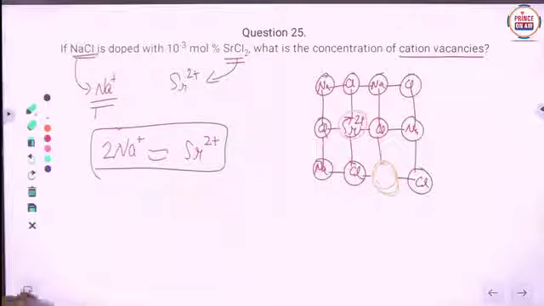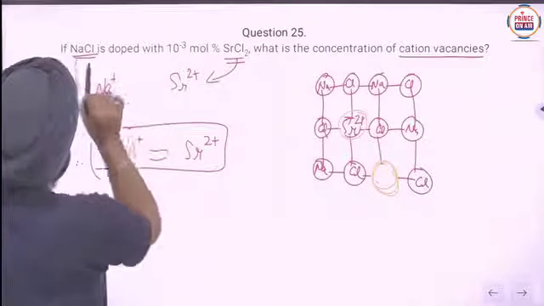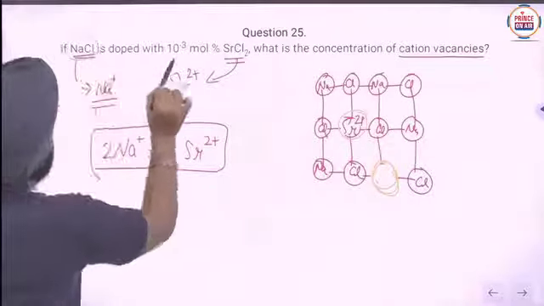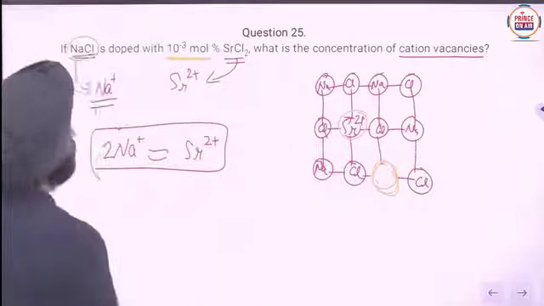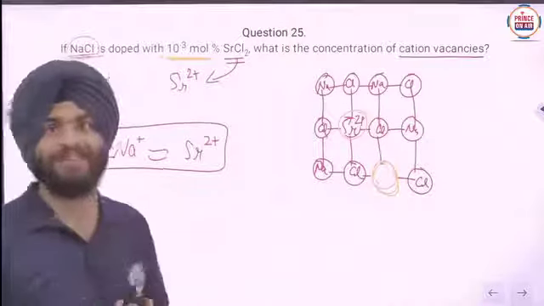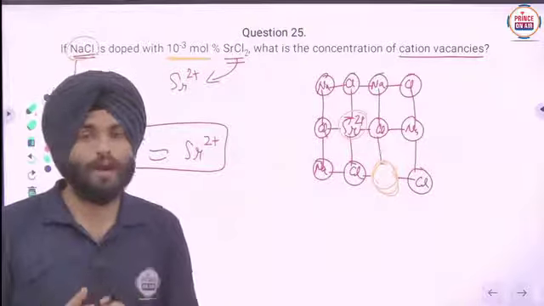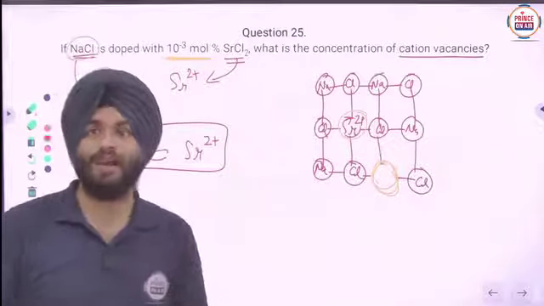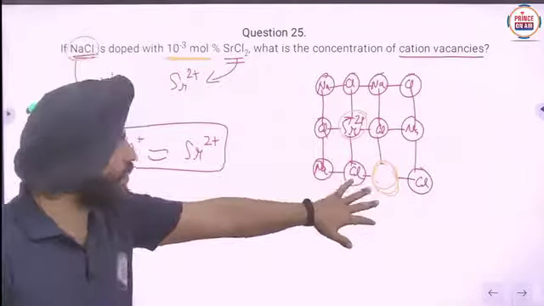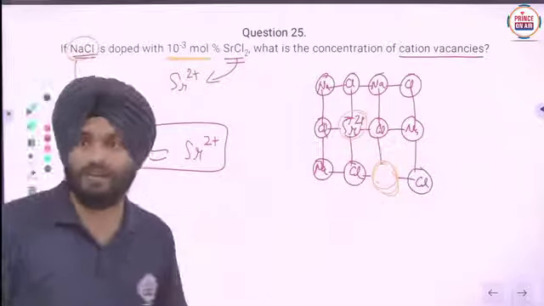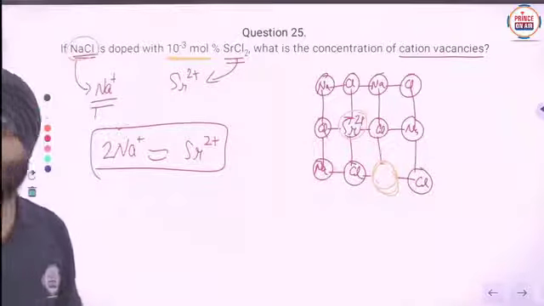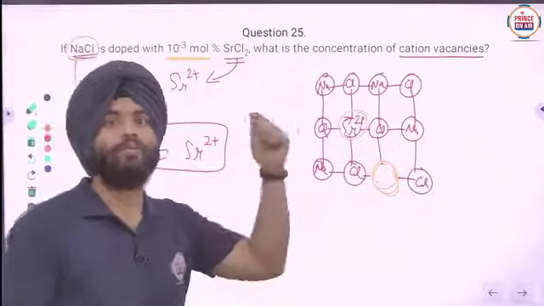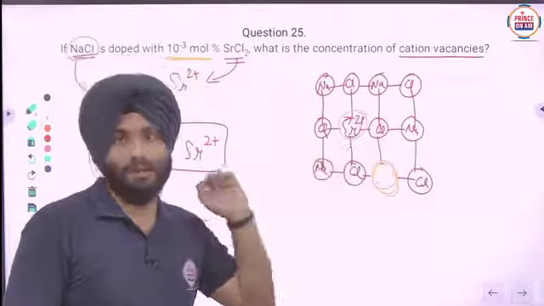Now, whenever NaCl is doped with 10 raised power minus 3 mole percent of SrCl2, you have to tell the concentration of cationic vacancy, meaning how many cationic vacancies are created. That will be equal to the number of Sr2 positive ions situated here.